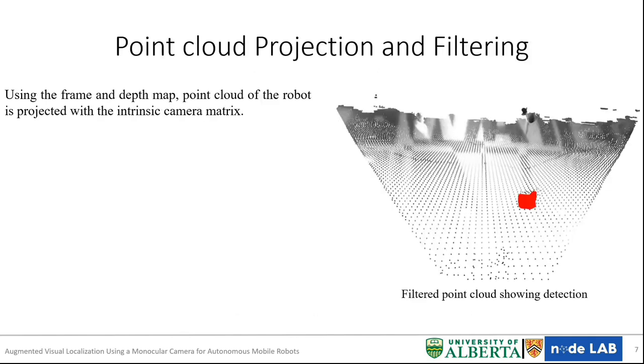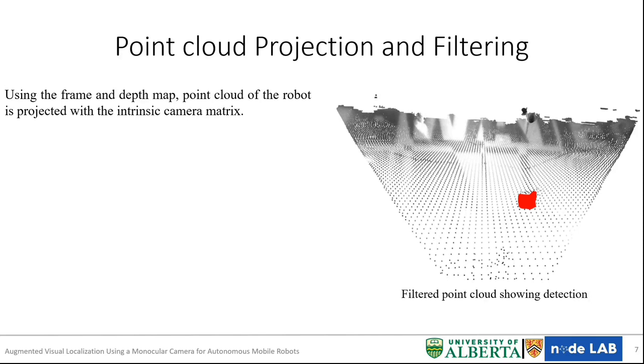After this, we do have the depth map, we do have the location in 2D, so we can actually project whatever pixels are inside the 2D bounding box coming from the object detection to the 3D world and come up with a point cloud around the robot, or the points of interest as we call it.